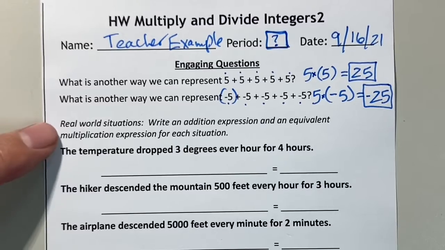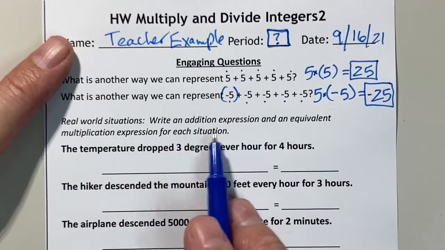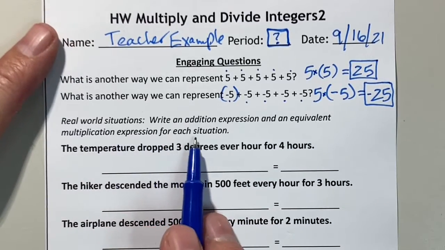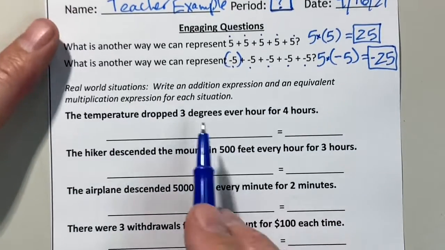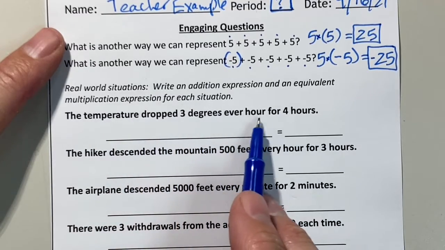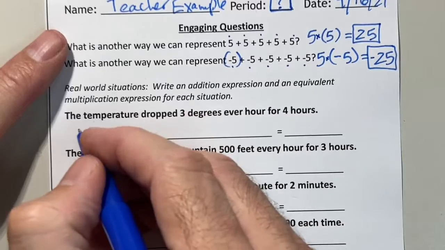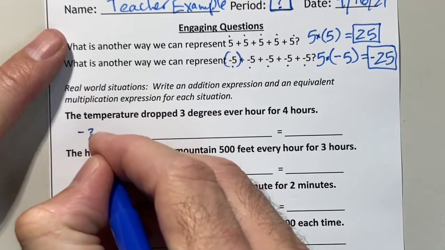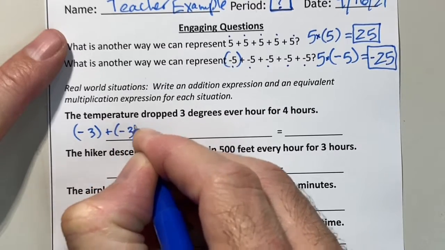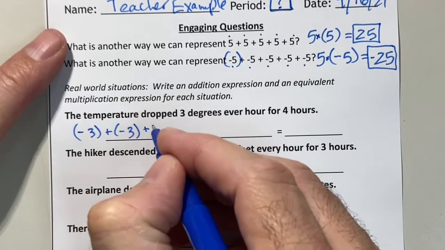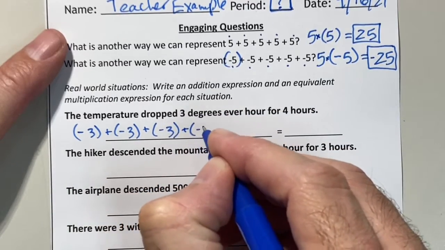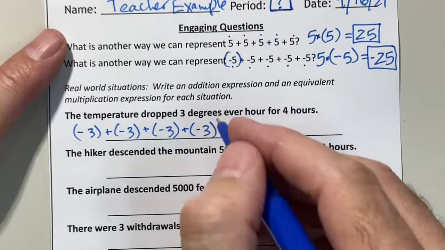So we're going to look at real world situations and write an addition expression and an equivalent multiplication expression for the same situation. The temperature dropped 3 degrees every hour for 4 hours. We could write this as -3 for 1 hour, -3 for 2 hours, -3 for 3 hours, and -3 for 4 hours.